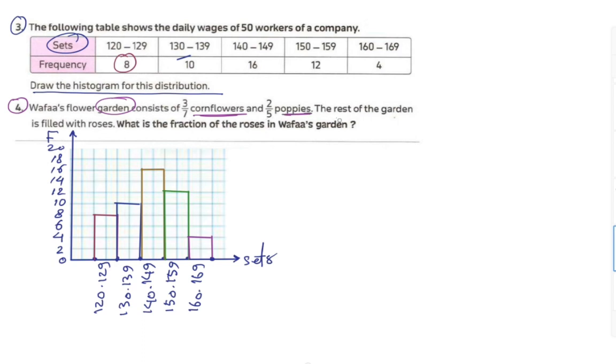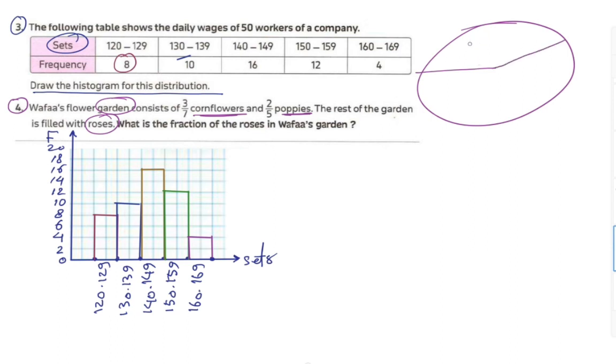The rest of the garden is filled with roses. What is the fraction of roses in Wafa's garden? Now, if you imagine that the garden is like this, you have a part of it as 3/7 cornflowers.